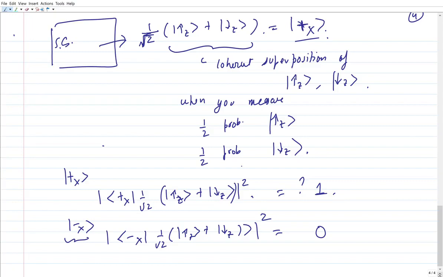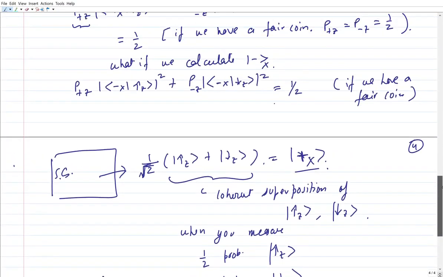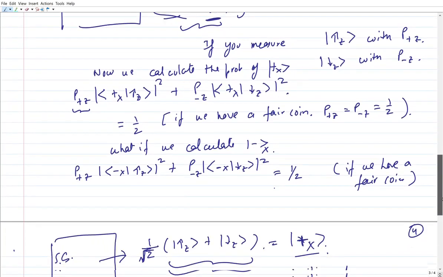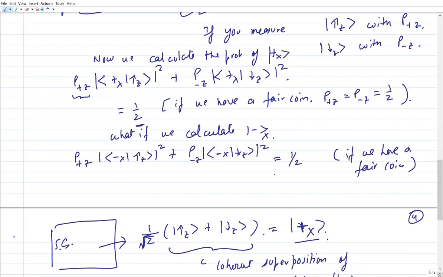Okay, so what was the difference? This was a statistical mixture with, let's say, probability half, a fair coin. Half the times I was getting plus z, half the times I was popping out minus z. And when I calculated the probability of plus x, this was half, and the probability of minus x was also half.